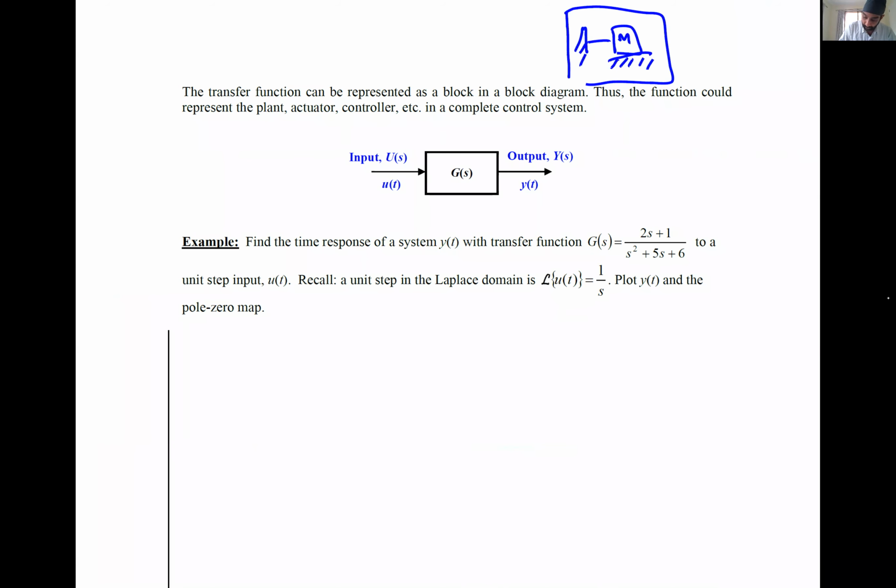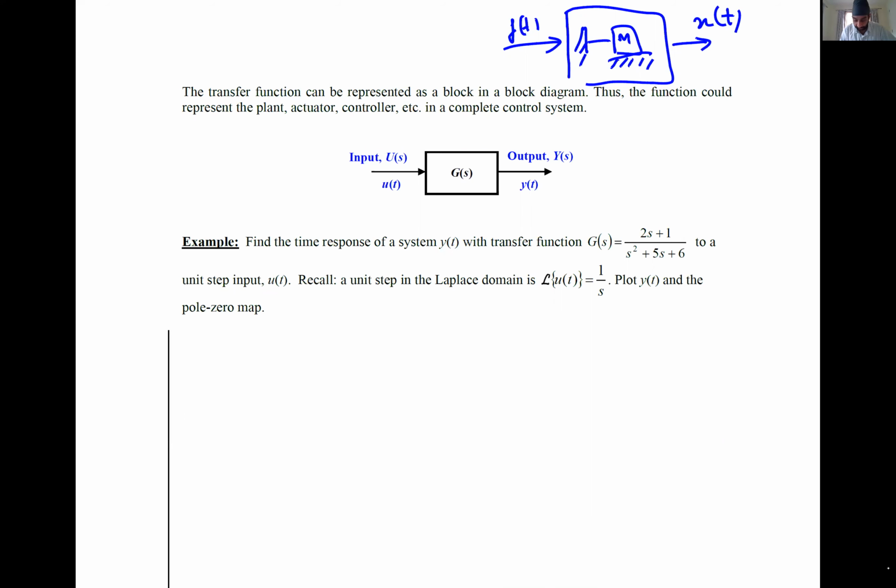Here, if I apply an input, which is some forcing function, the output ends up being the displacement. The resulting arrow coming out is the displacement x(t). This is just a graphical representation, and this kind of graphical representation is also common in this course.